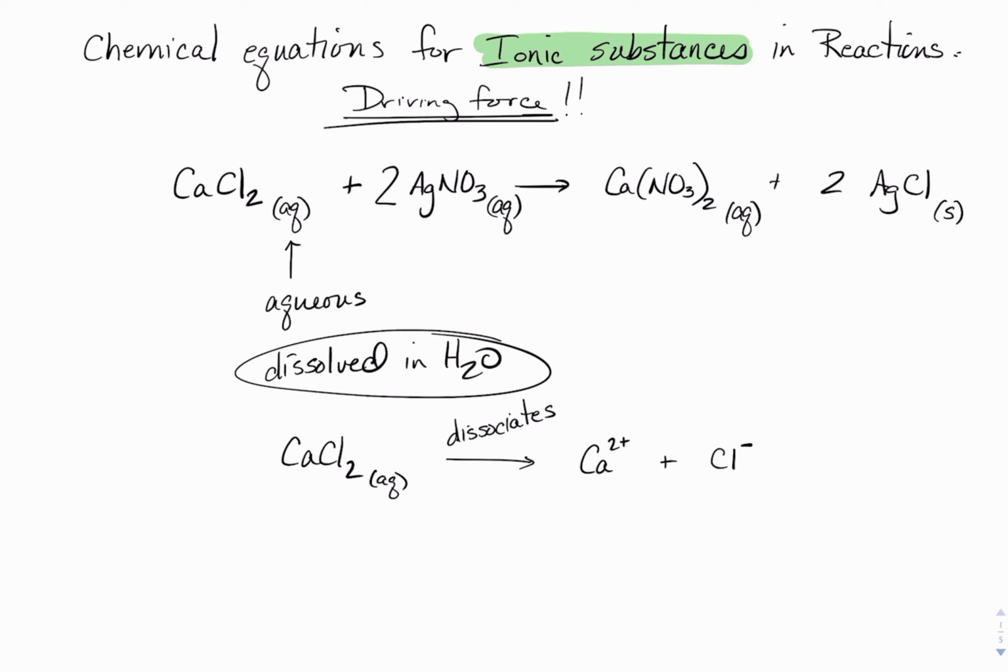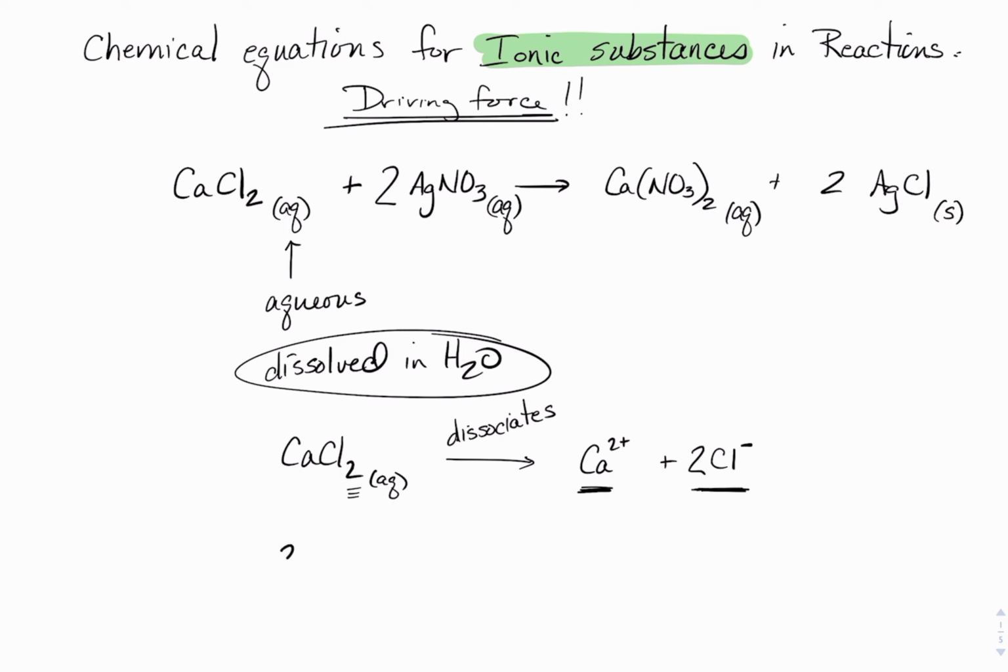And so we take this subscript in that formula and move that to a coefficient to tell us for every calcium ion, there are 2 chloride ions present. And so let's do this for every substance that is written in aqueous form.